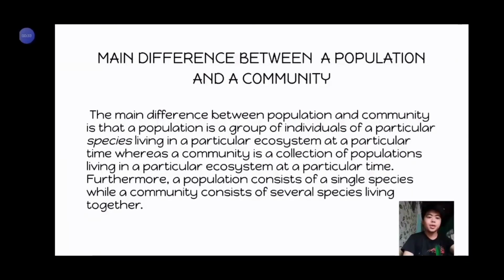Furthermore, a population consists of a single species, while a community consists of several species living together. Population and community are two levels of classification in ecology. Both describe the groups of individuals living in a particular ecosystem.